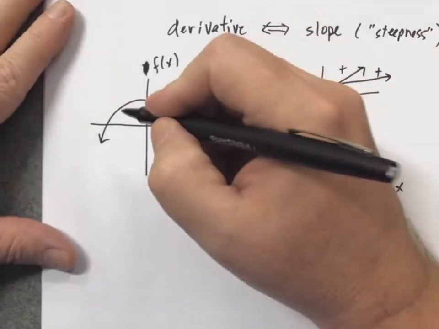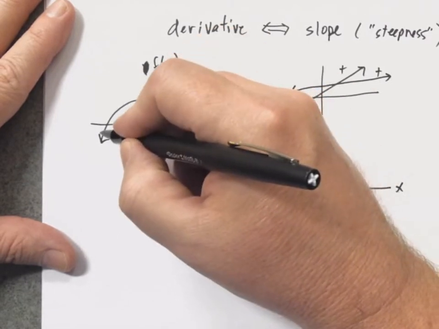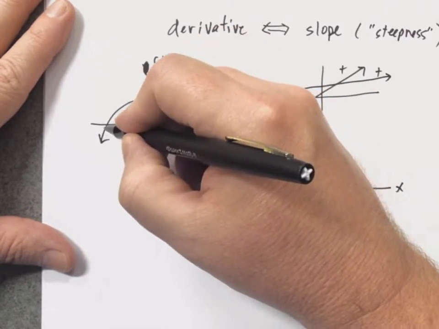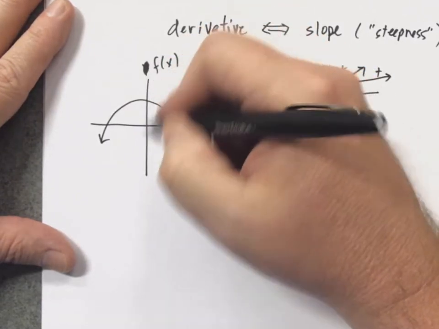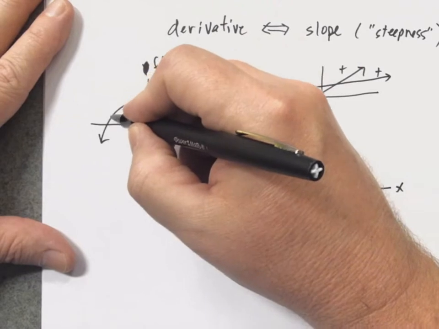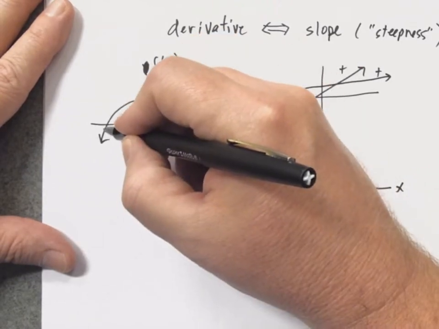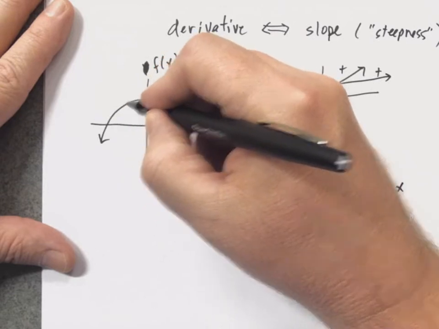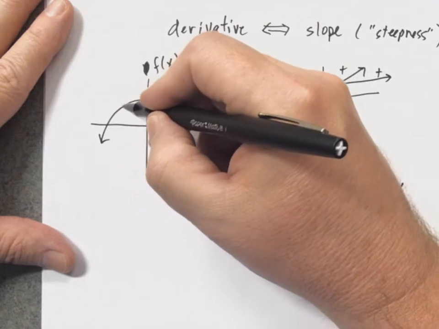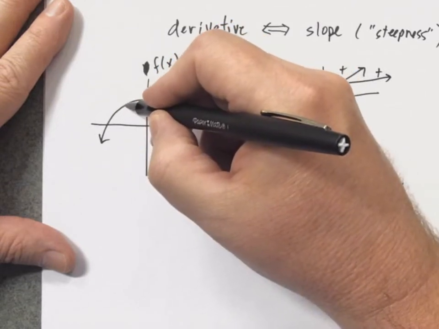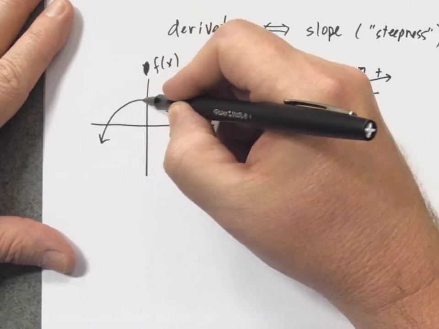But if we think about this as the graph of a function, a lot of times we would say here, the function's increasing, the function we measure on this y-axis, the function's increasing, we say the slope is increasing, and we say the derivative is positive. So think about the slope, it's a positive slope, but then the slope is changing, because all of a sudden here, the curve is not quite as steep.